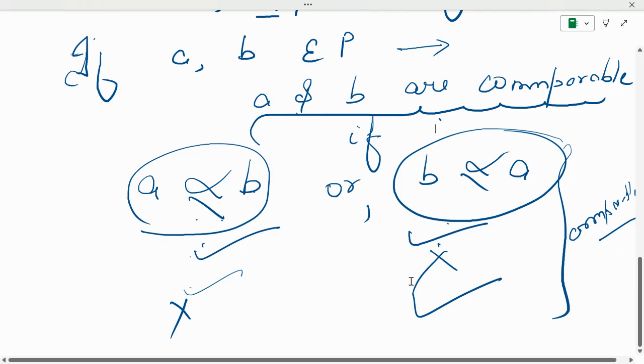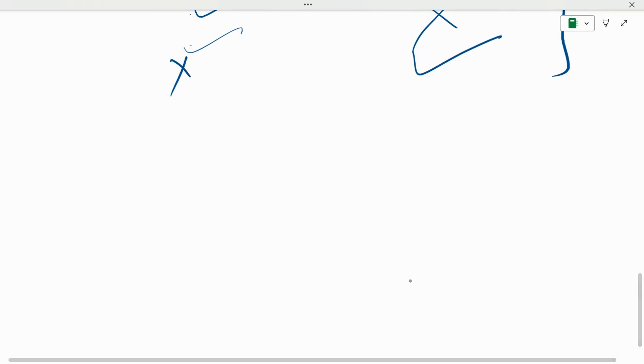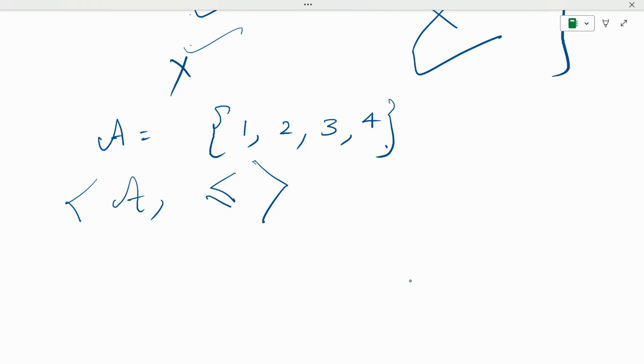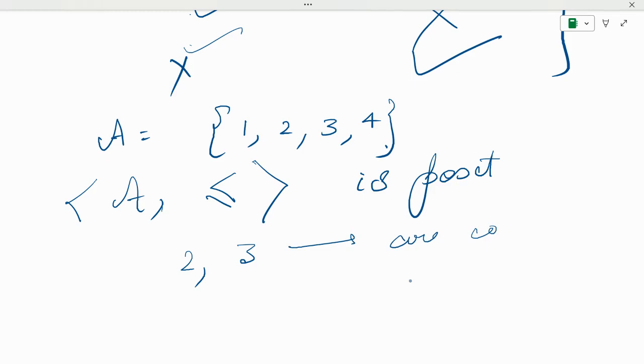So in this case, let's say we have A equal to 1, 2, 3 and 4. If A is a set and less than or equal to is a relation defined on A, then we say it is a poset. If we take two elements, let's say 2 and 3, they are comparable because 2 is less than or equal to 3, though 3 is not less than or equal to 2.